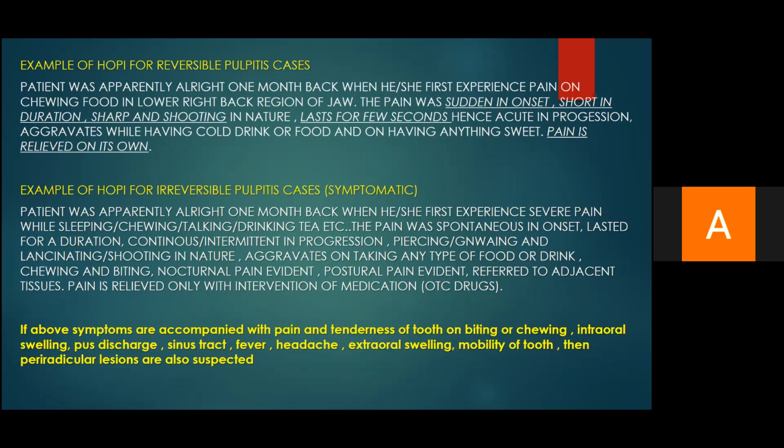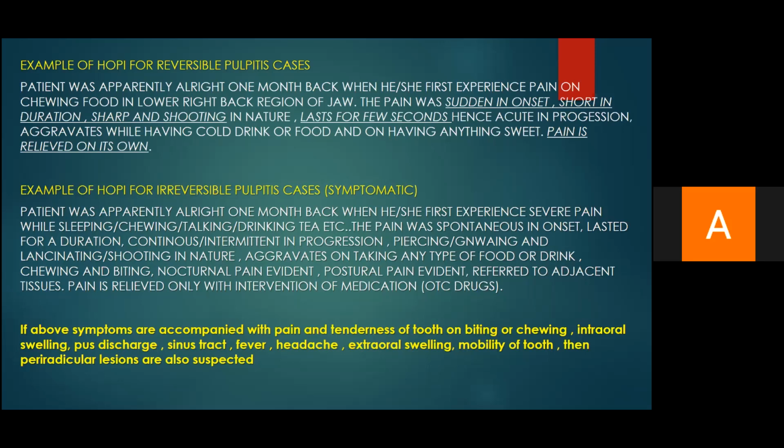I guess we have read this in dental histology, A delta fibers and C fibers. So reversible pulpitis acts on the A delta fibers, which gives an immediate response of pain. And the most important point is the pain is relieved on its own. So that is the characteristic of reversible pulpitis.